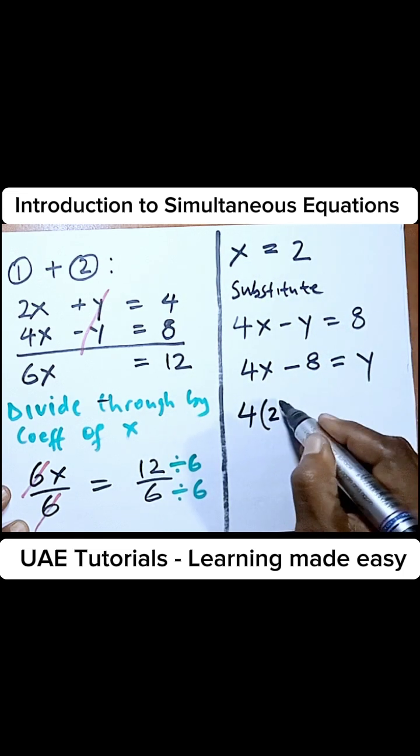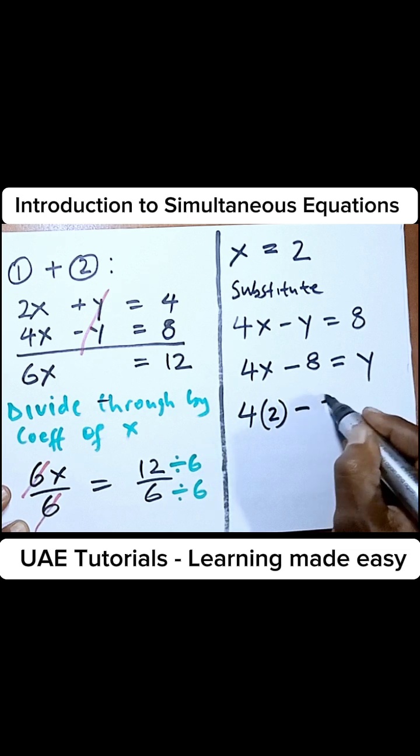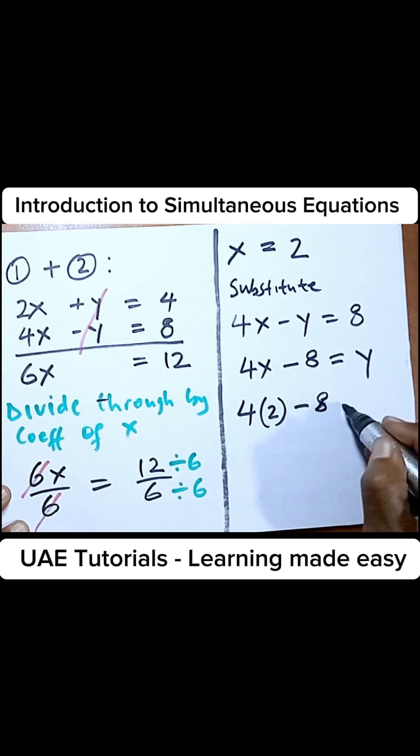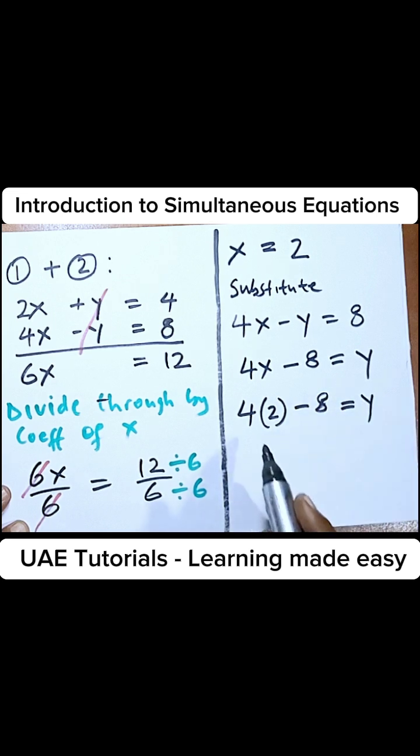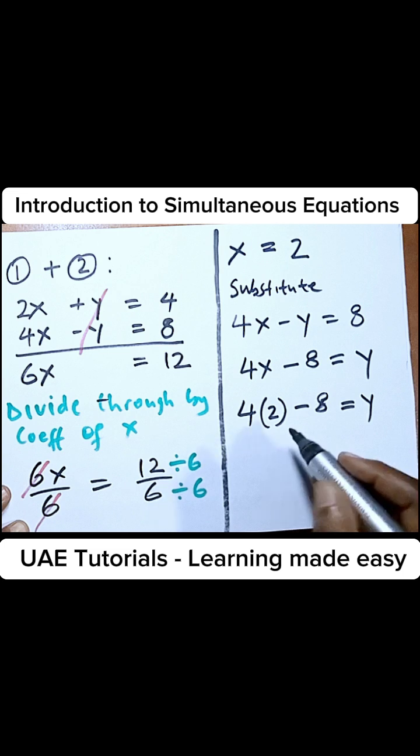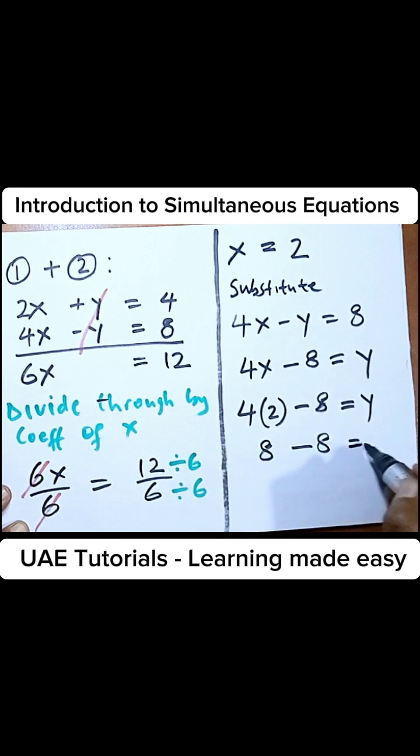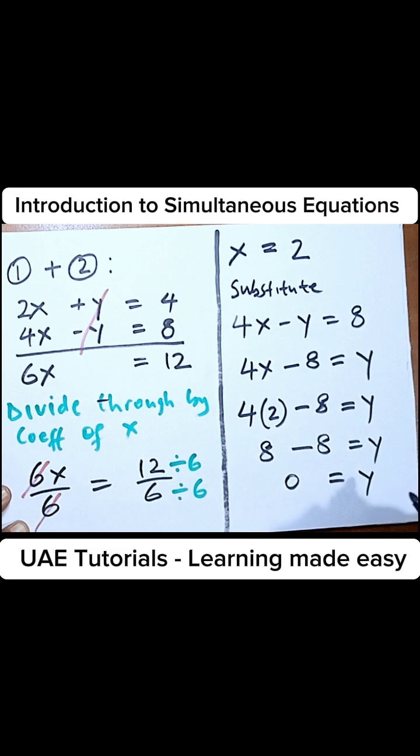So 4 times 2 minus 8 equals y. And what is 4 times 2? 4 times 2 is 8, minus 8 equals y. So this is 0 equals y.